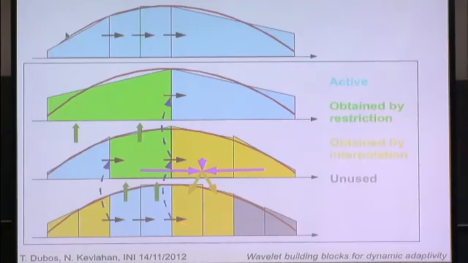So I need that yellow state here, and also I will need a reconstruction here, so I will need this yellow box too, but both of these can be obtained by interpolation from the coarse grid.